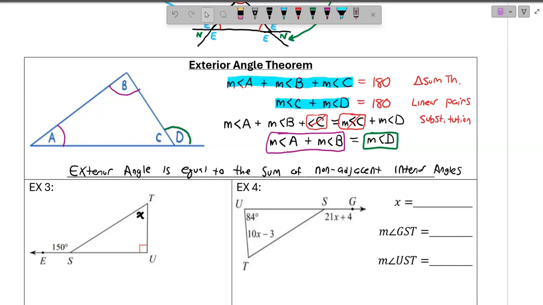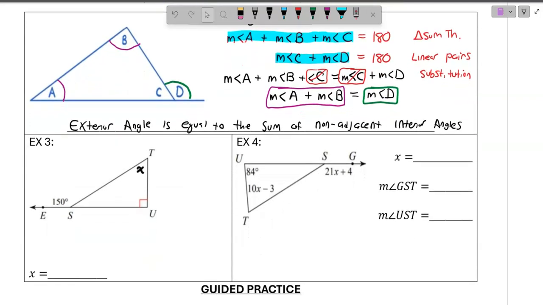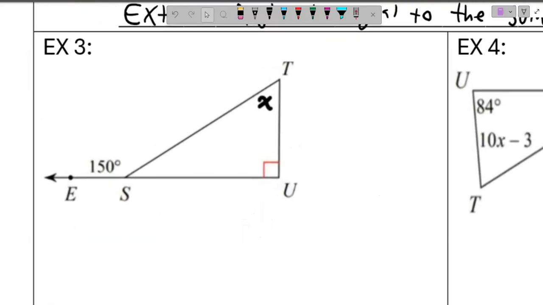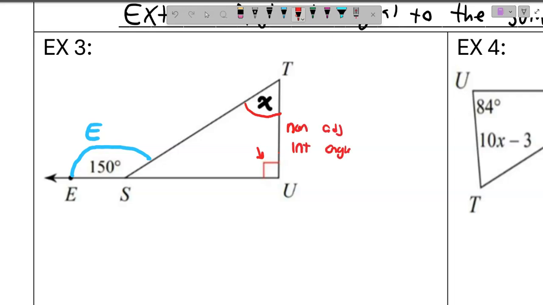So to wrap up this lesson, let's take a look at two examples of this. In this example 3, we have our exterior angle sitting here on the outside, and then inside we have this x value and this 90 degrees. These are your non-adjacent interior angles to the 150, because the adjacent one would be this one, so we don't want to use that.